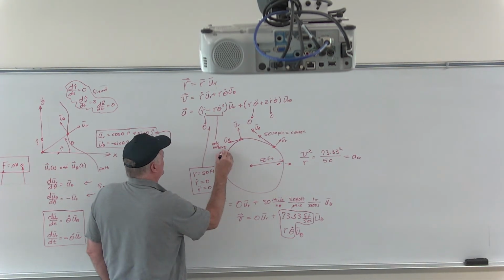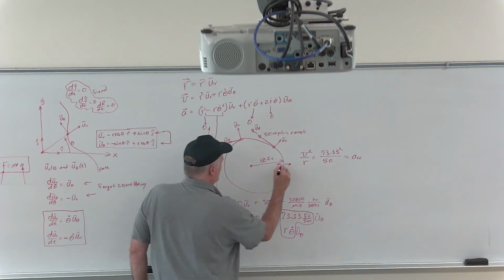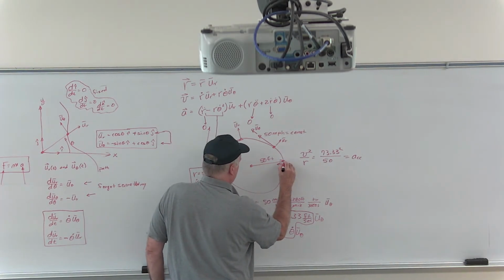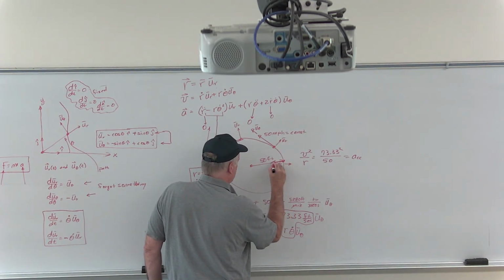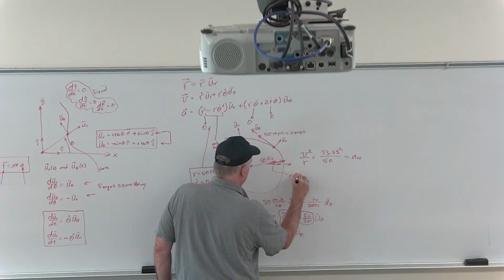And what is that one? It says it's in the negative direction, meaning if your car's right here, the acceleration is going this way. And what is its value? It's r times theta dot squared.